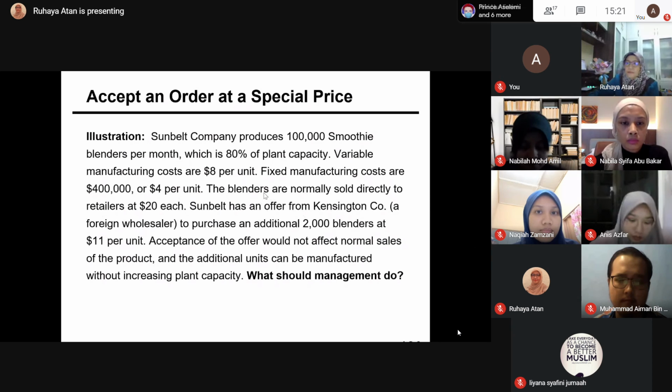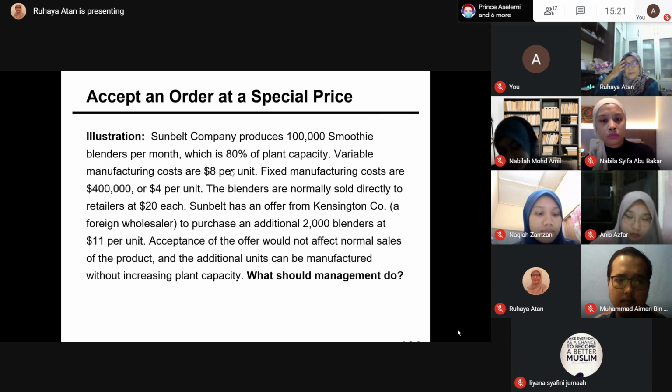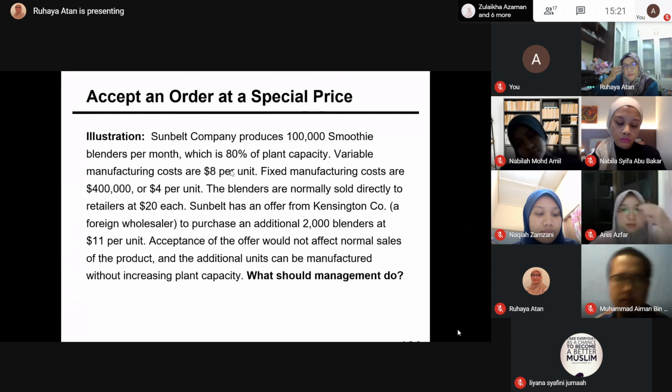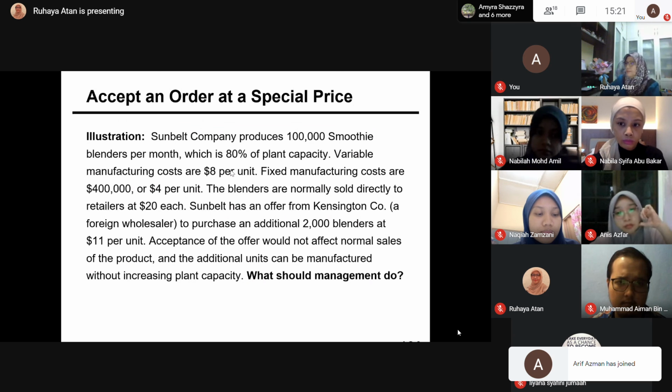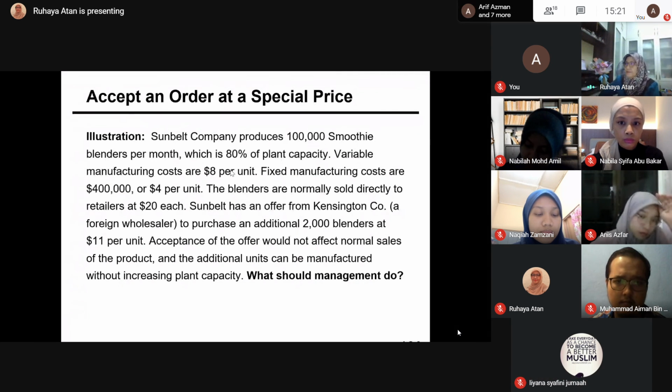And then the company receives a special offer from Kensington Company, a foreign wholesaler, to purchase an additional 2,000 blenders at $11 per unit.